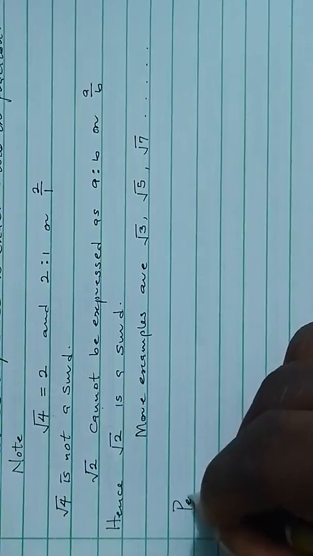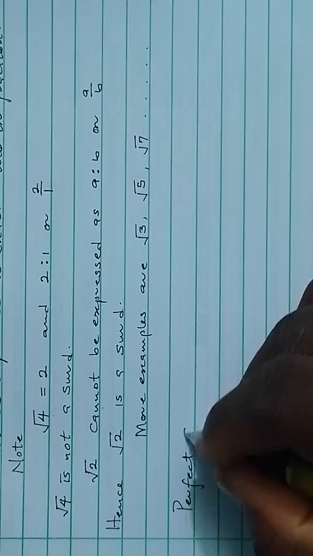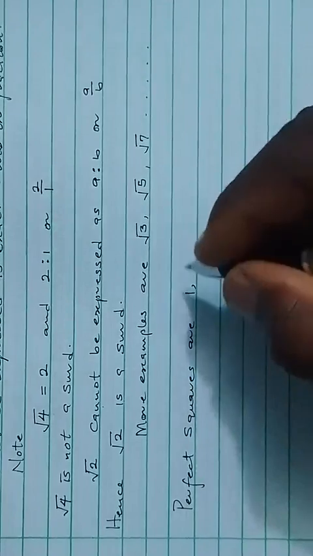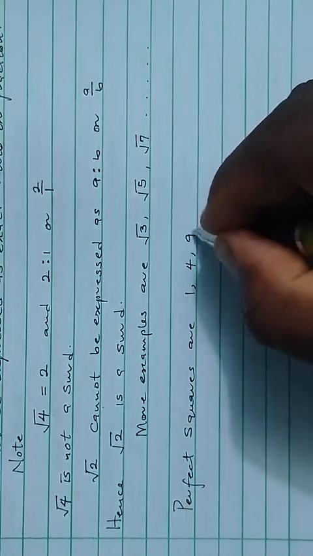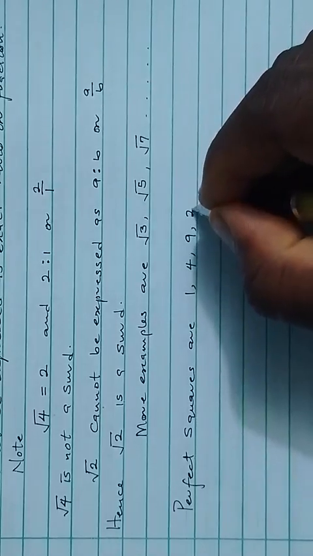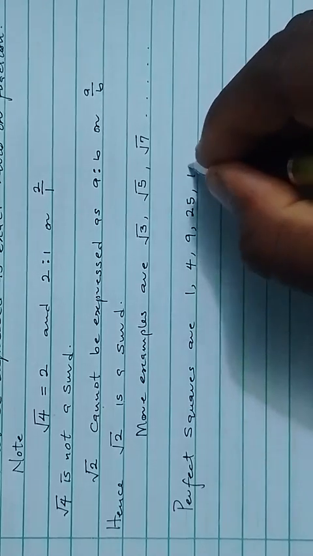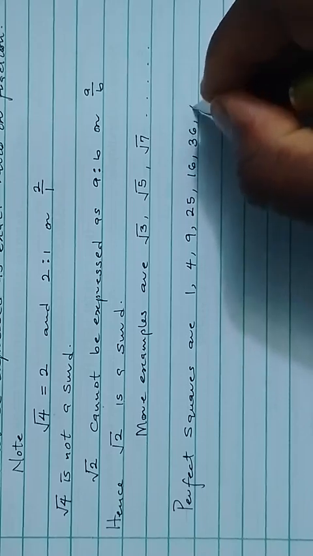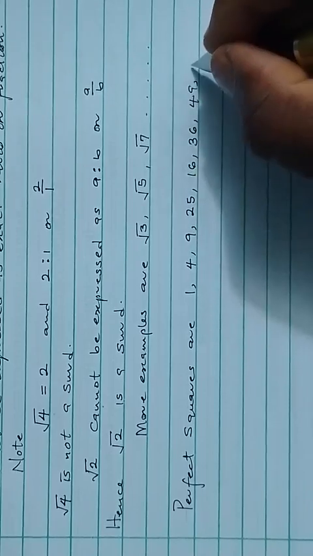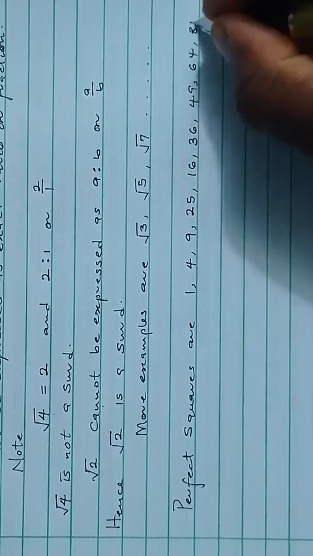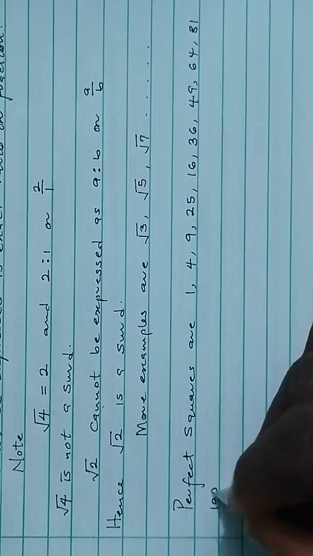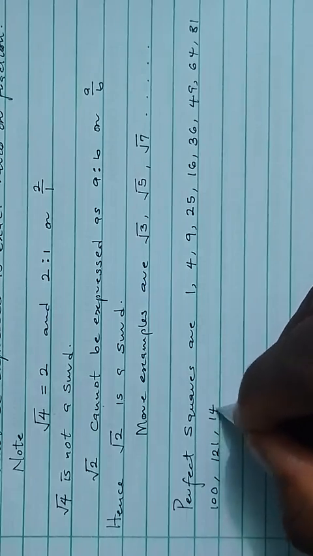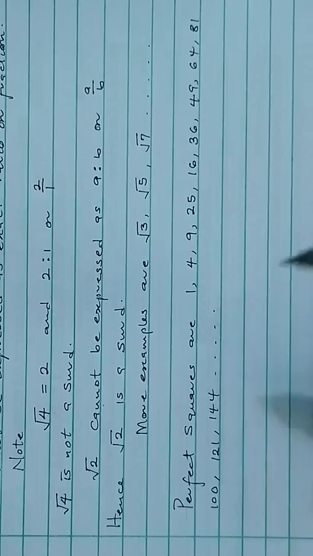Examples of perfect squares are 1, 4, 9, 16, 25, 36, 49, 64, 81, 100, 121, 144, and so on.